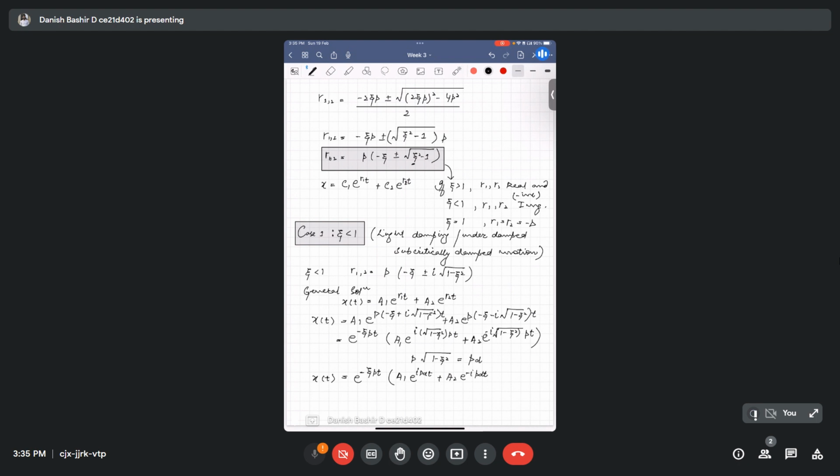Here pd is the damped natural frequency, because the damping is also associated with the natural frequency.